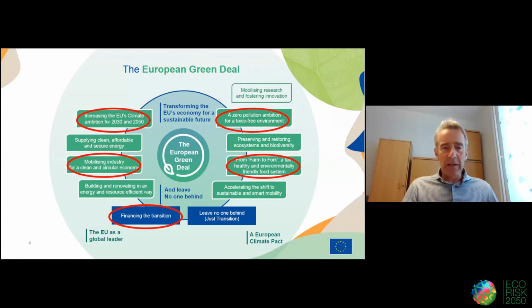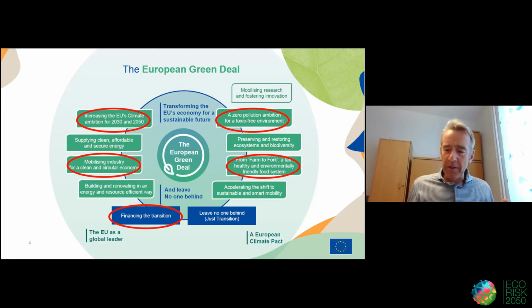The main aim of the Green Deal is transforming the EU's economy for a sustainable future and leaving no one behind. And in many of these policy areas, you can find the circular economy approach and the zero pollution ambition. This is really exciting, in a way it has never been done before by the European Commission.